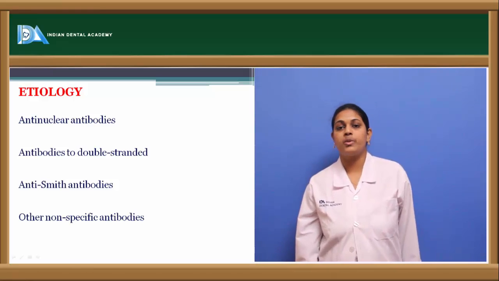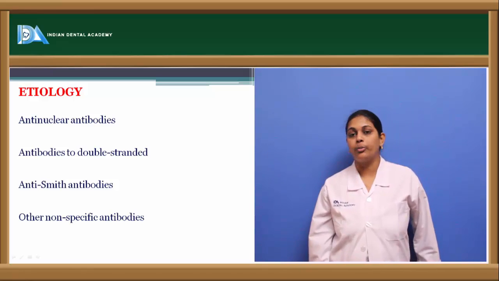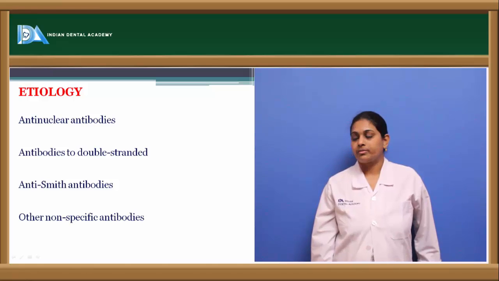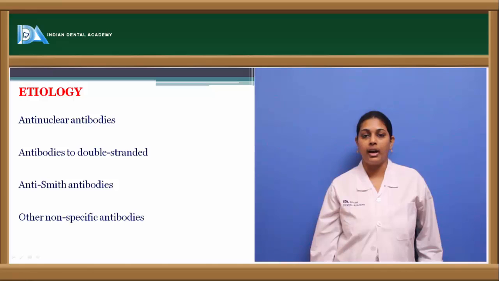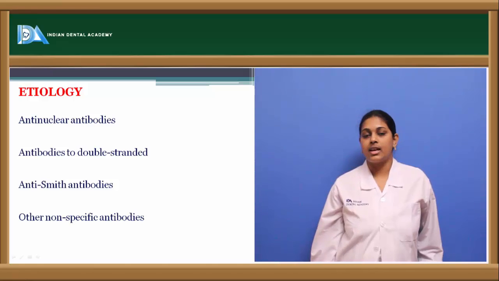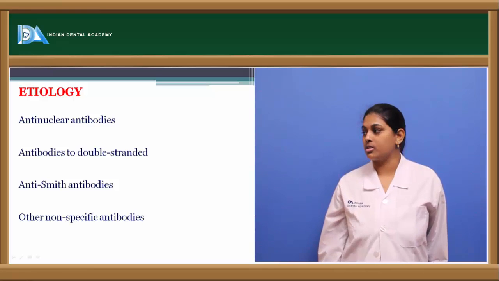Coming to the other non-specific antibodies, antibodies to ribonuclear proteins, or to other cytoplasmic proteins and ribosomes, have also been identified. So this has been one of the possible mechanisms for the development of systemic lupus erythematosus.